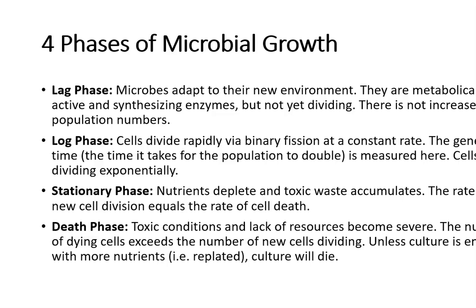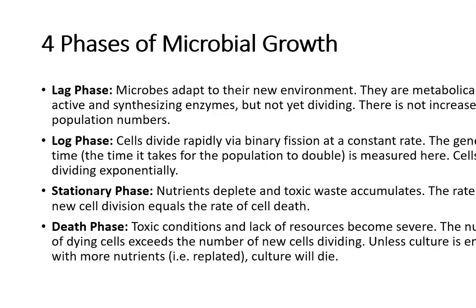And that is when these cells divide by binary fission at a constant rate. Again, the generation time is the time it takes for the population to double, and the cells are dividing exponentially. Okay? And they just keep going. And then eventually, as they are rapidly dividing, they are using nutrients.